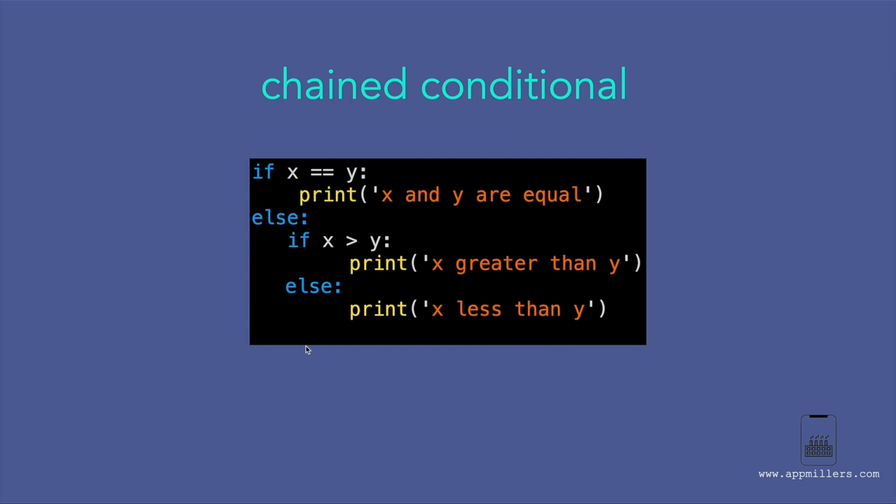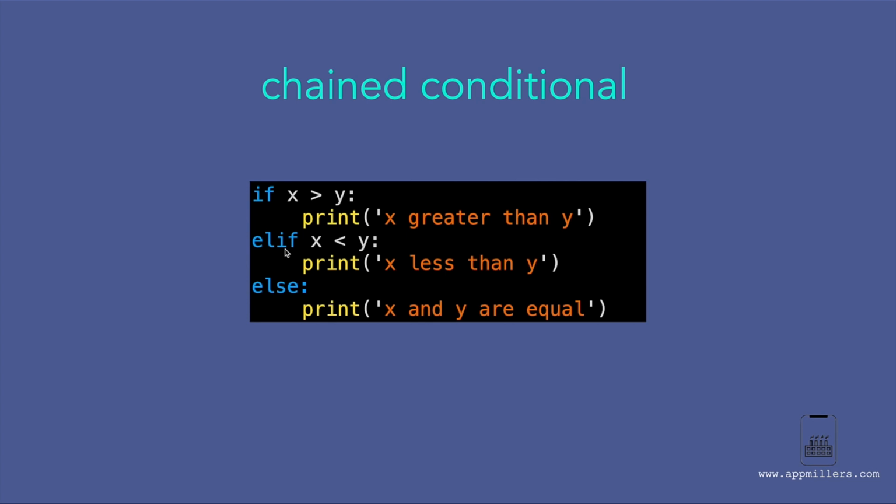First we check if x is greater than y, and in this case we print out x is greater than y. Then we write an elif statement: elif x is less than y, we print out x is less than y, and otherwise, if these two conditions are not met, this means that they are equal, so we print out that they are equal. And here again, exactly one branch will be executed.